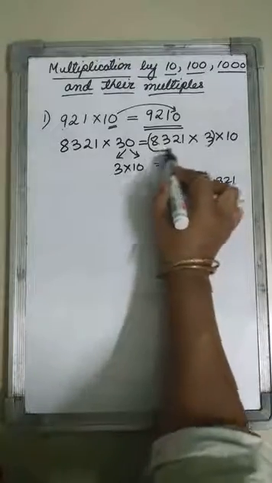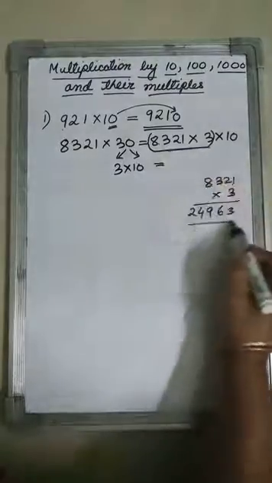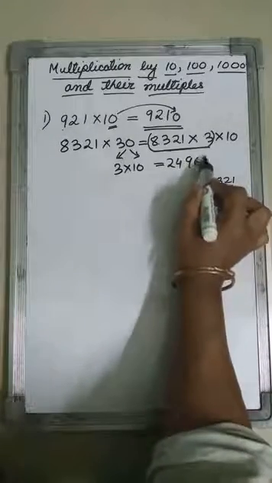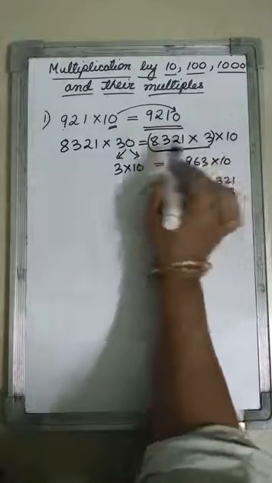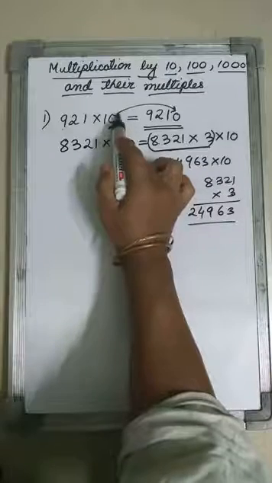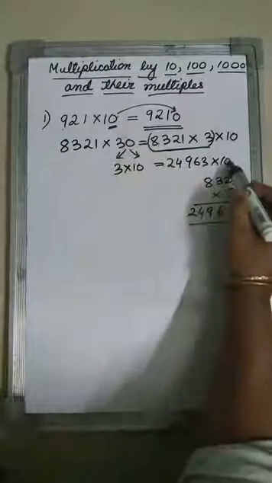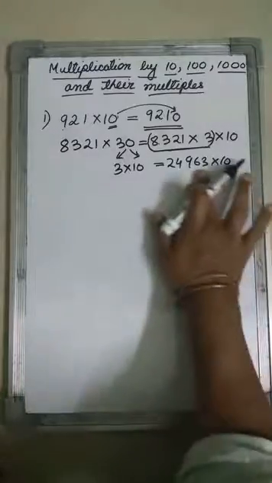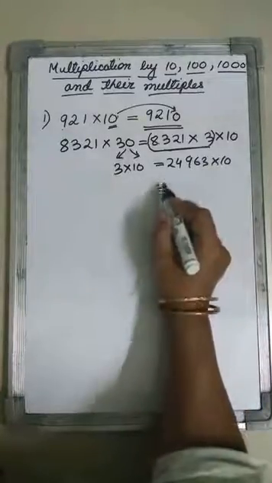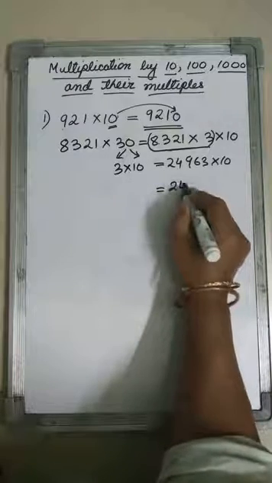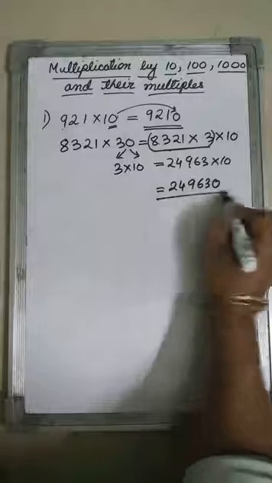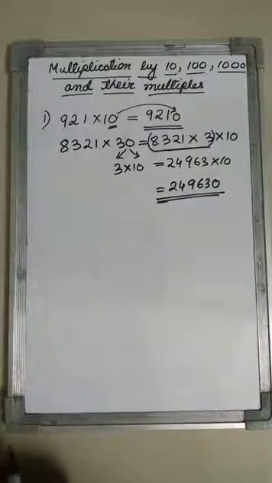So for this I am going to write this number, 24963 into 10. Just now what I had told you, this 0 I am going to add here to get the result. So it is equal to 24963 and put the 0. This will be your answer. So this way you have to do.